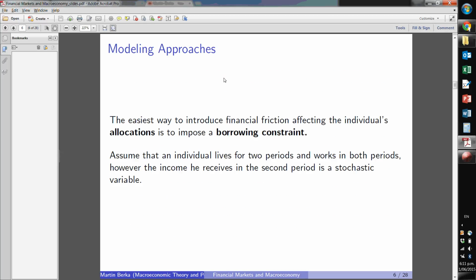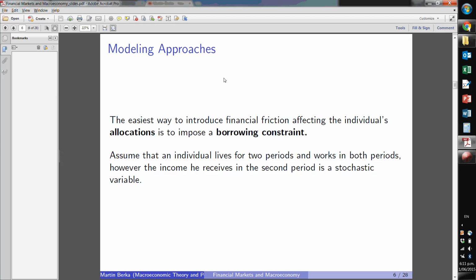All right, so the easiest way to impose financial frictions affecting the individual allocations is to just put in a borrowing constraint and see what the implication of a borrowing constraint, which is a type of financial friction, is on the allocation of consumption and so on and so forth. Let's assume that the individual lives for 2 periods and works in both periods.